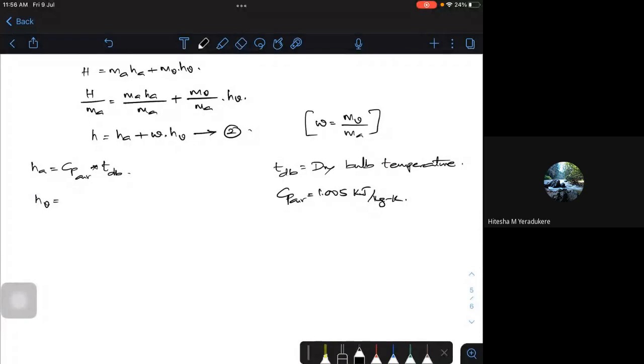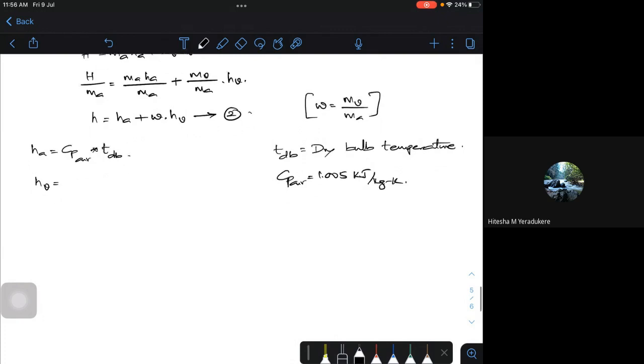It is equal to the enthalpy at some condition, that is Hfg, or you can call that Hg instead. Hg is the enthalpy of the saturated condition at the dew point temperature.